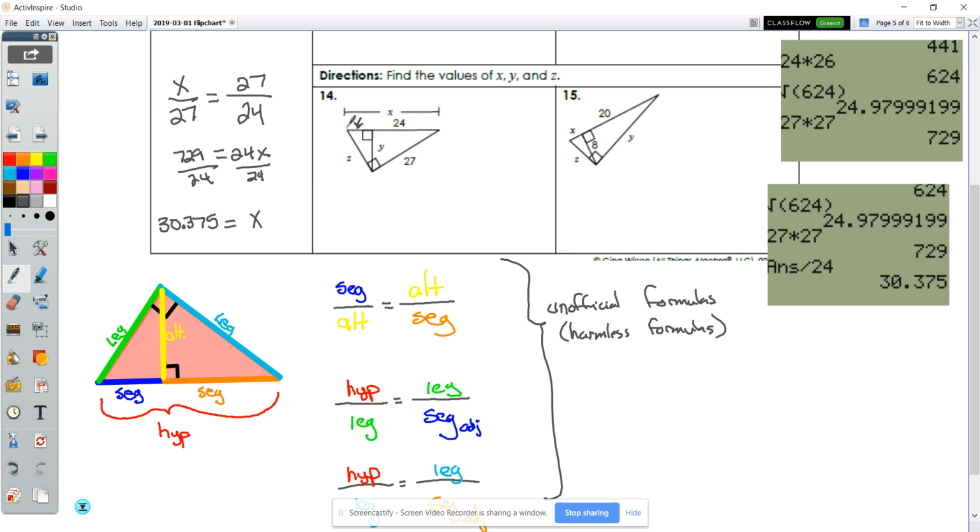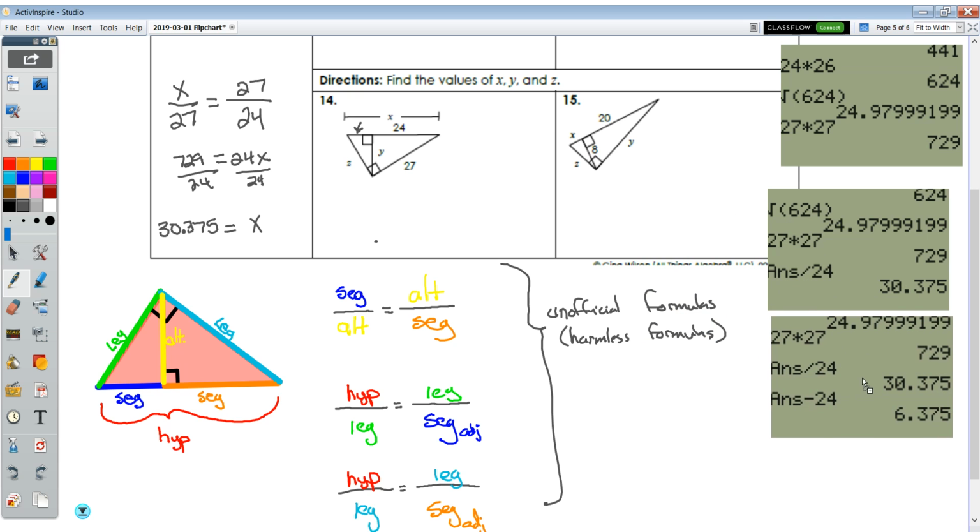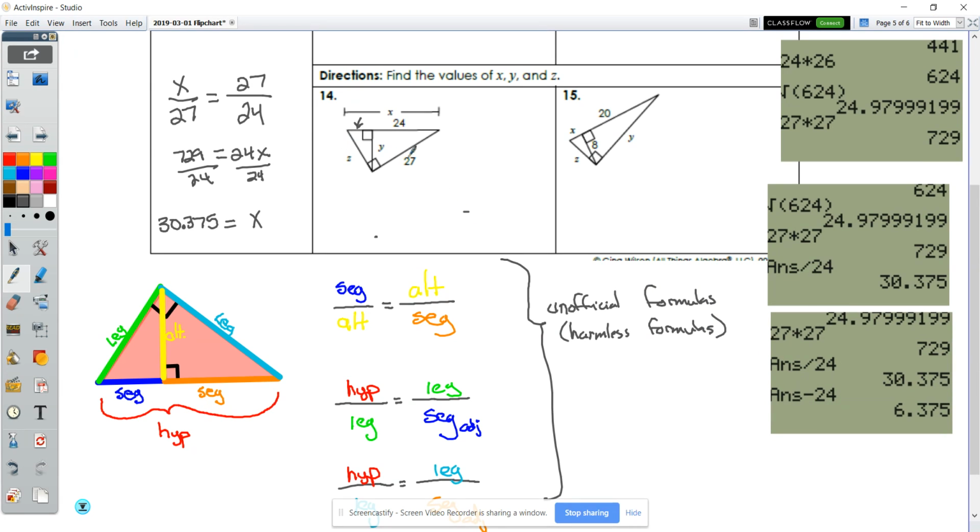For example, I can figure out what this little segment is right here because I know x, the hypotenuse, is 30.375. So I'm going to take that minus that 24 to figure out what the other segment of the hypotenuse is. And I get 6.375. Here, let me put that up there for you. Okay, so 6.375 is going to be this little piece right here.